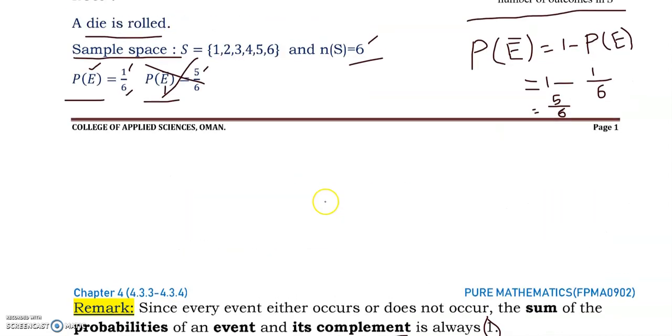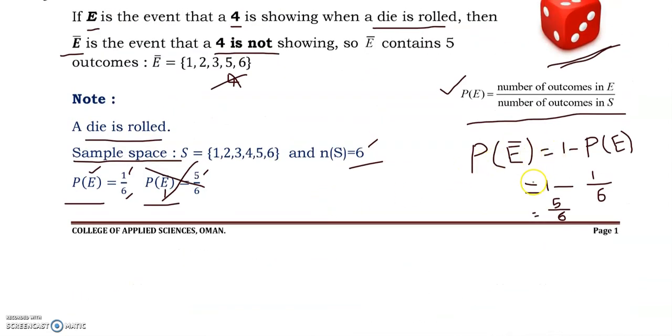Now, by applying this idea, the probability of E complement is equal to 1 minus this probability of E, here 1 over 6. So this is equal to 5 over 6. So by using this result, you can find the probability of E bar.